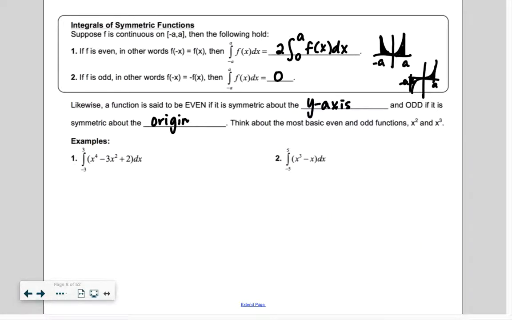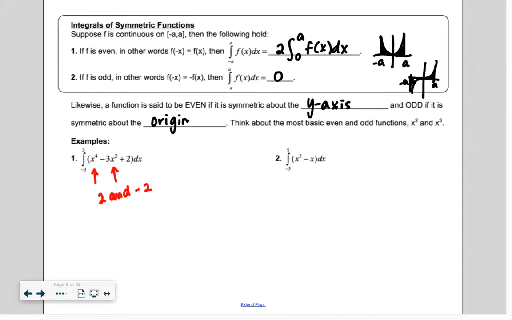All right, so if you see something like x to the fourth minus 3x squared plus 2, and you're going from negative 3 to 3, you want to decide, can I make this problem easier or not? Yeah, this is an even function. One quick way to check is to plug in the same number, say 2 and negative 2.